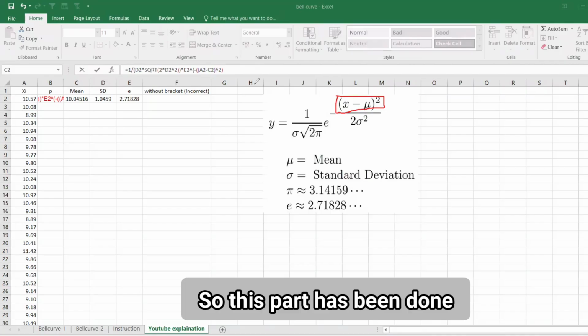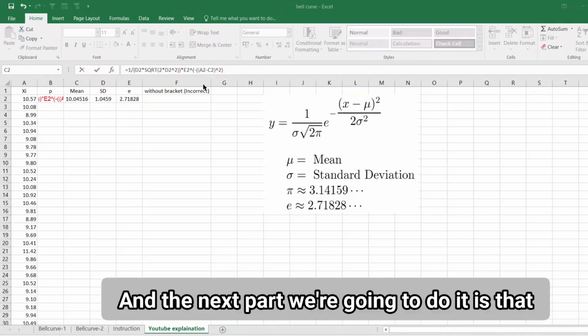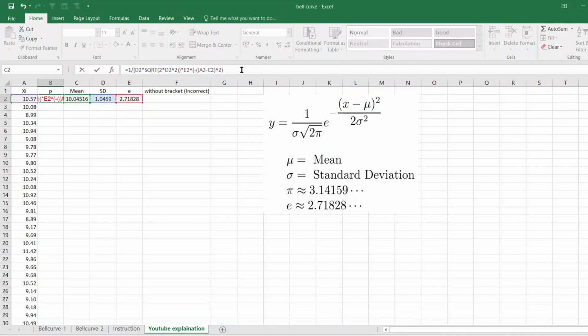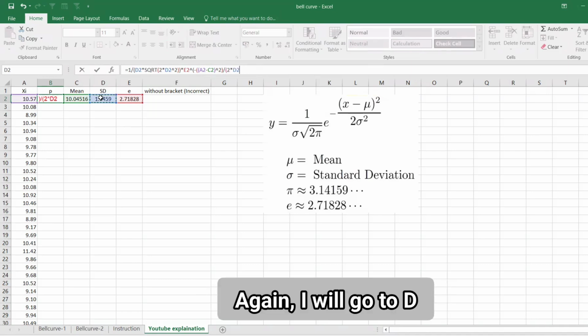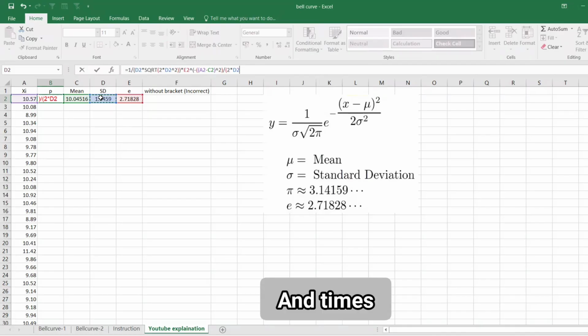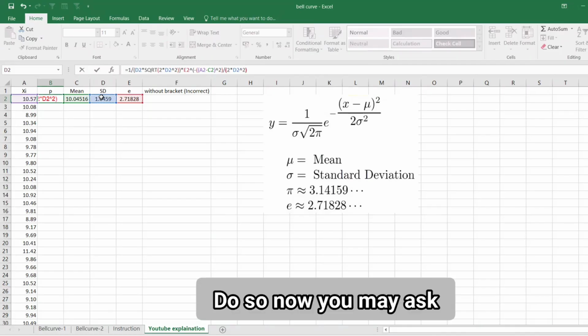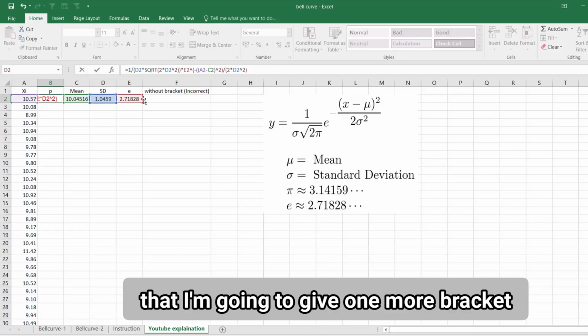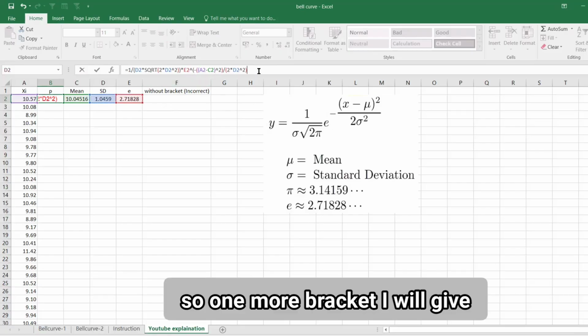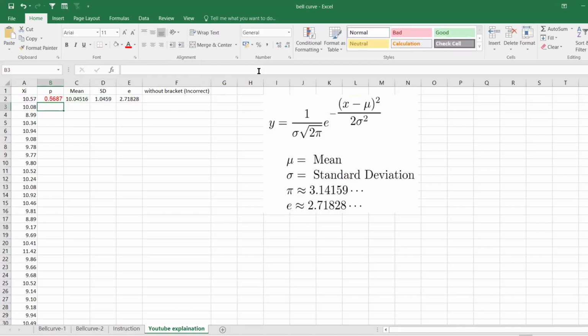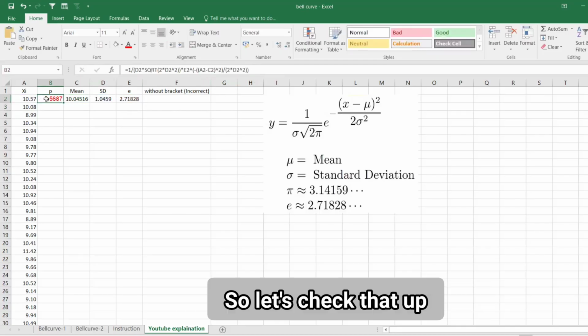So this part has been done. And the next part is divided by 2 times standard deviation. Again, I will go to D and times 2. Now you may ask why I'm giving one more bracket. You remember that we opened only one bracket for minus, so I will give one more bracket. So this has given this value. Let's check that.